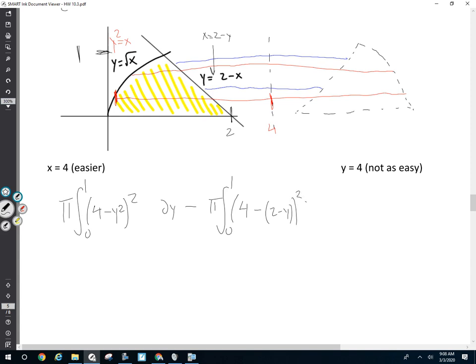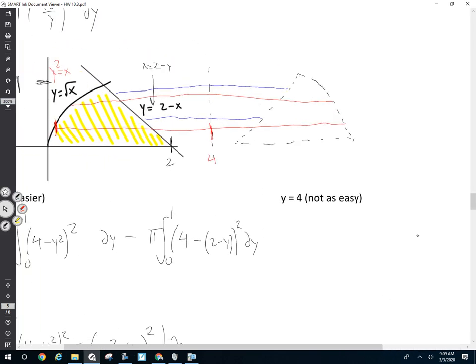Just make sure you put that in. I put the pi's on the outside. It doesn't really matter. You can simplify this. This should be a plus, and this should be a 2. You can also simplify in here if you want to. There's no reason why this doesn't have to be simplified and this does.